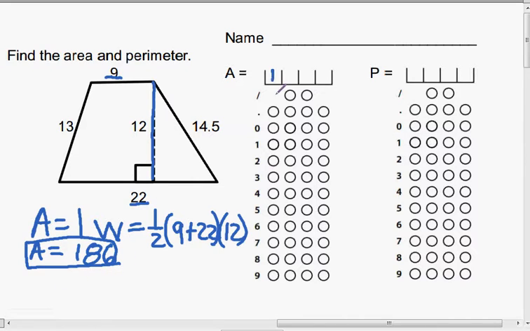I'm going to put that in, 186, and I bubble it in.